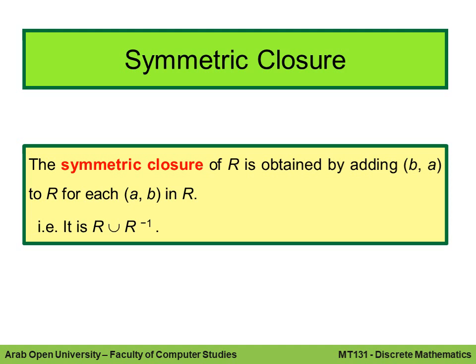Another way to form the symmetric closure is taking R union R inverse. R inverse, the inverse of a relation, is just inverting the order of the ordered pairs. But if you take the union of R with its inverse, that will give you the symmetric closure.